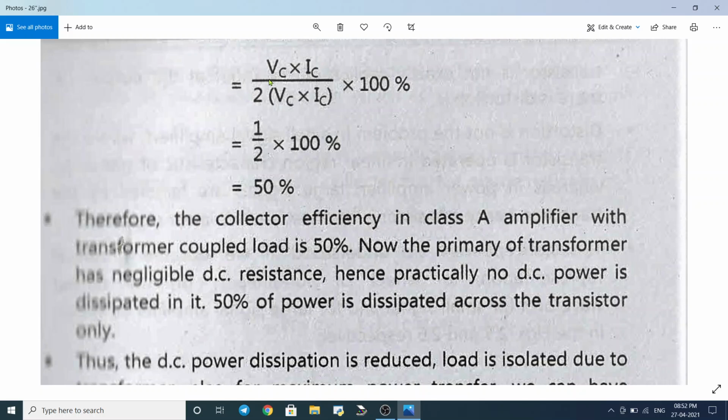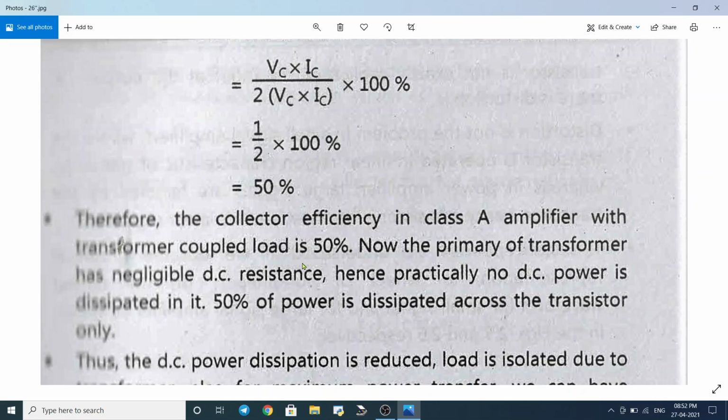Equals VC into IC divided by 2 VC into IC into 100%. This VC into IC cancels with this VC into IC and we have 1/2 into 100%. Therefore efficiency eta equals 50%. The collector efficiency in class A amplifier with transformer coupled load is 50%.